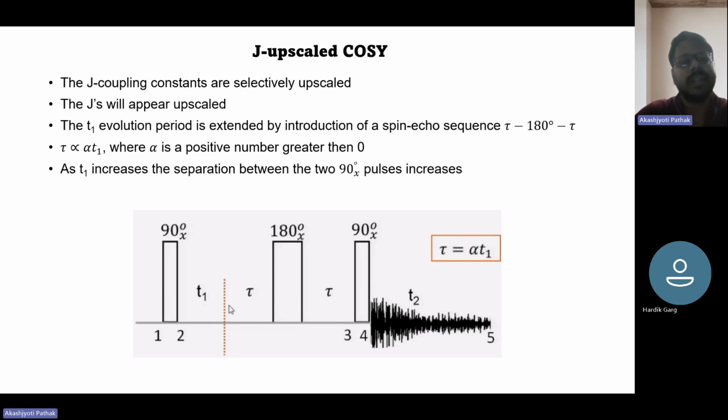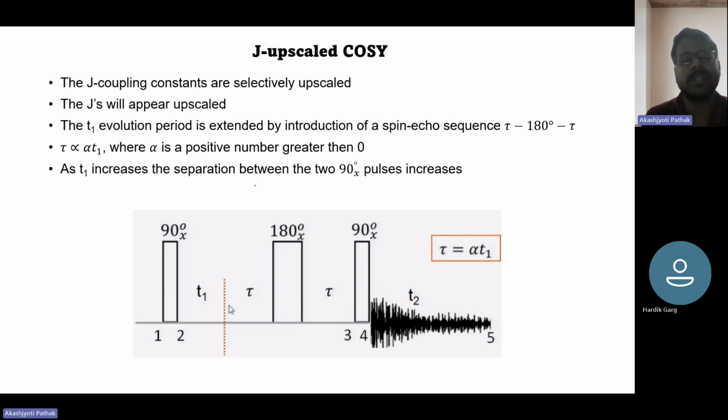So in the upscaled POSI, as the name suggests, here we are selectively upscaling the J coupling constants. And so here the J's will appear upscaled, and the T1 evolution period is extended by the introduction of a spin echo sequence, tau 180 degree tau.